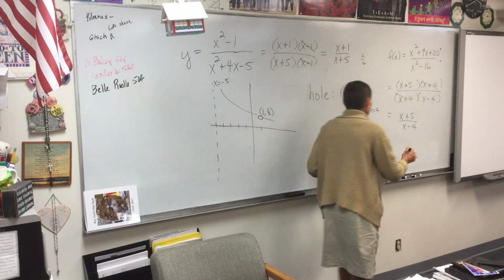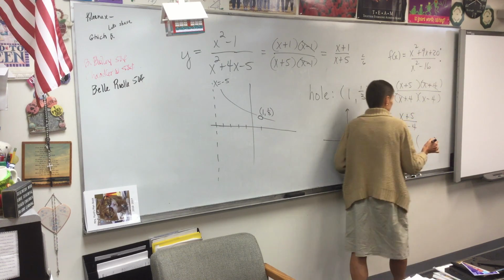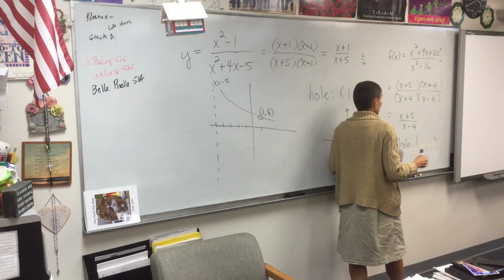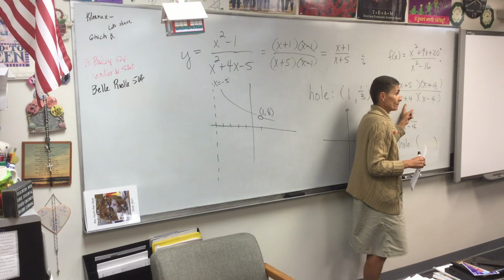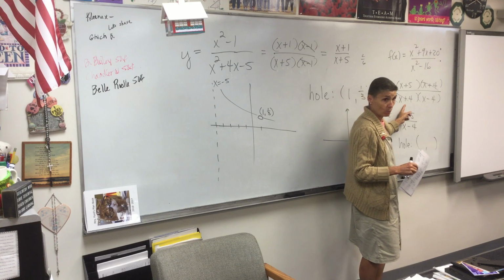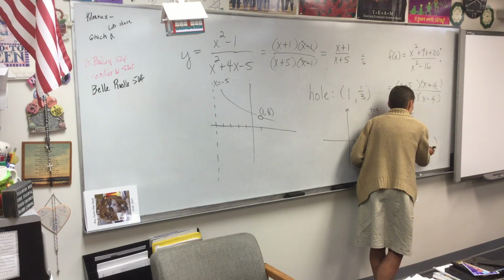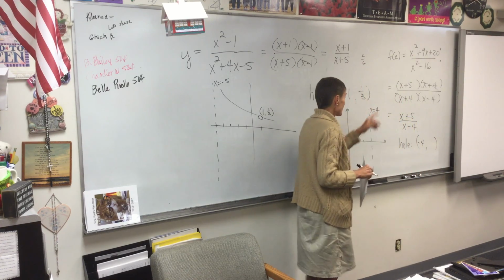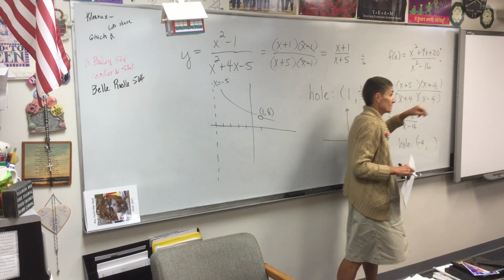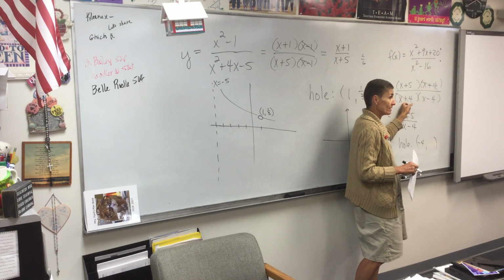Now, where is my hole going to be? I cancel, so where x is negative 4. The opposite. So it's going to be at negative 4. That's what canceled out. If I hadn't canceled, I'd have another asymptote at negative 4.